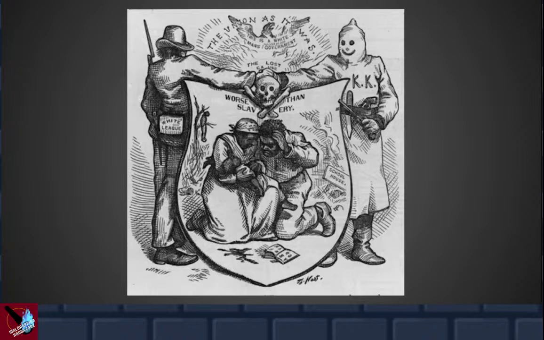So the main point behind the cartoon is, at the end of Reconstruction, there are these groups that emerge, like the KKK and the White League. You can tell by that guy on the right. That is an obvious KKK uniform. And the guy on the left, he has a White League patch on his jacket. Their goal was to restore the Union to, quote-unquote, "as it was," which is the name of the cartoon, before the passage of the 13th and 14th Amendments.